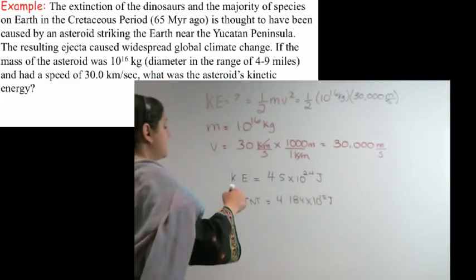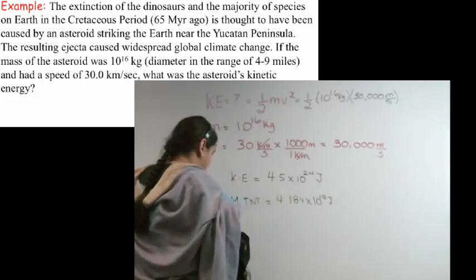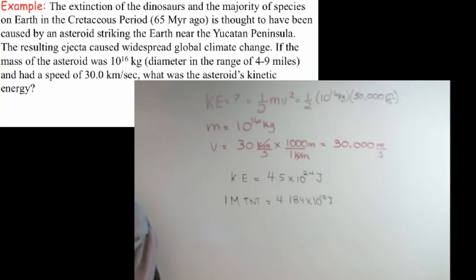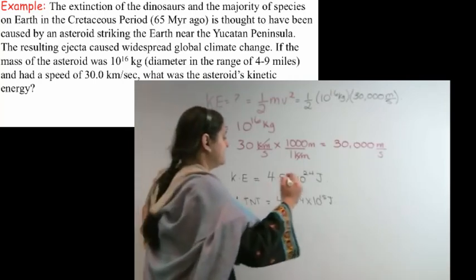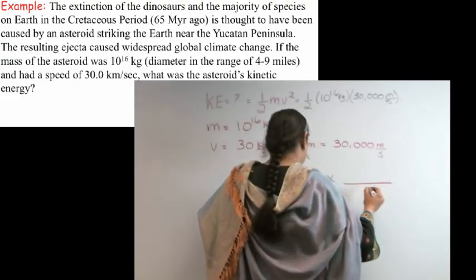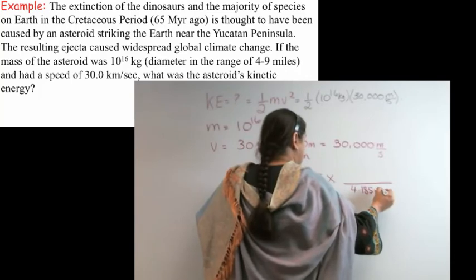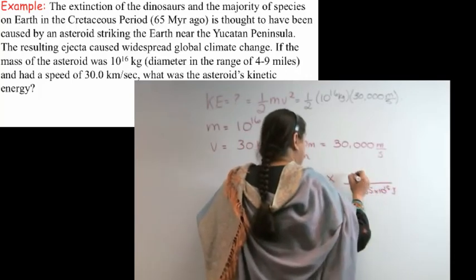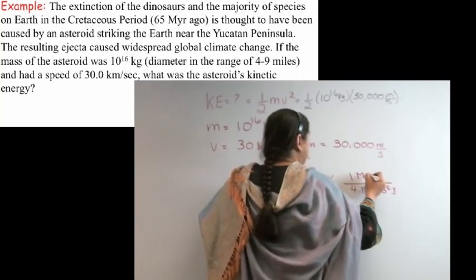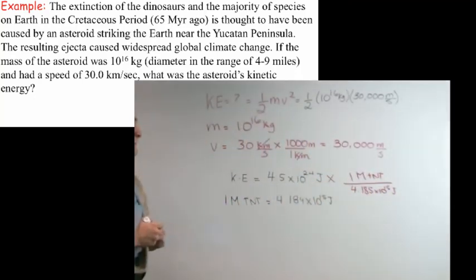Now, in order to convert this joules into TNT, what do we have to do? We have to divide our answer by 4.184 times 10 to the 15 joules per 1 megaton of TNT. Okay?